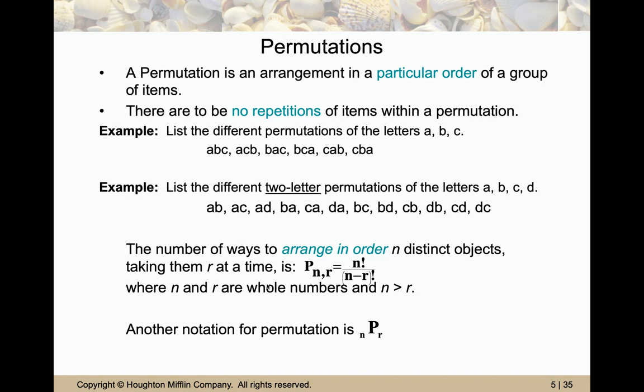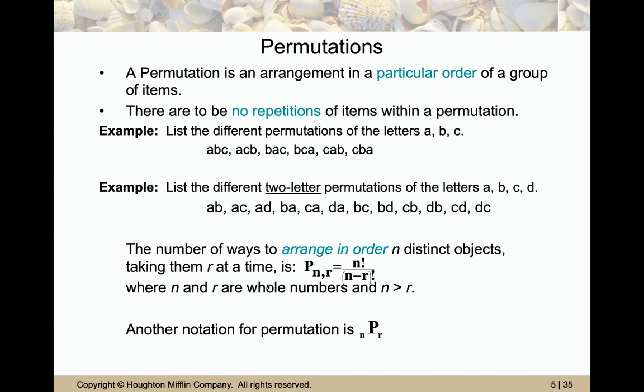So if we list all the different permutations of the letters A, B, and C, you can have ABC, ACB, BAC, BCA, CAB, and CBA. And that's it. Now, if we want to be fancy, we can even list the different 2-letter permutations from a group.